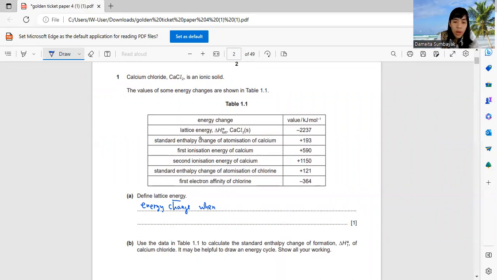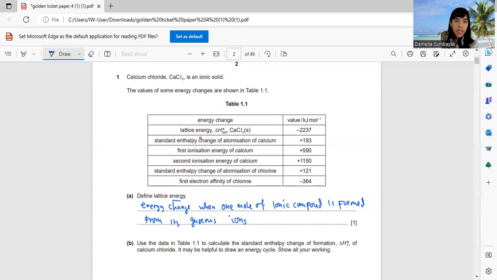So when 1 mole of ionic compound or solid is formed from its gaseous ions.